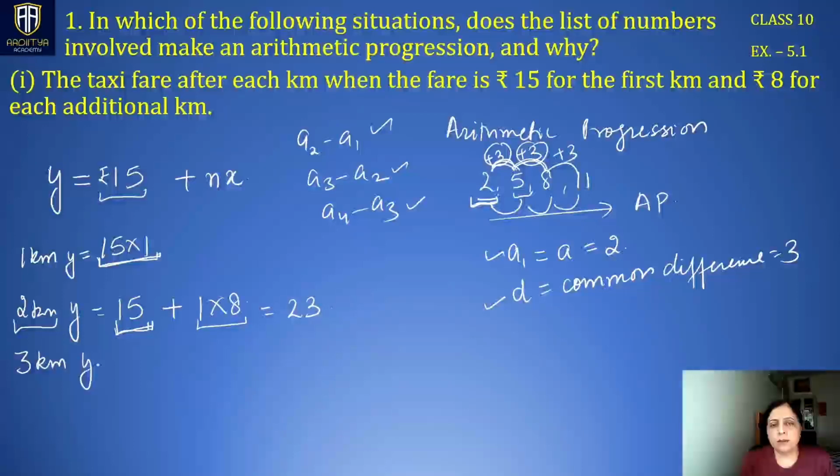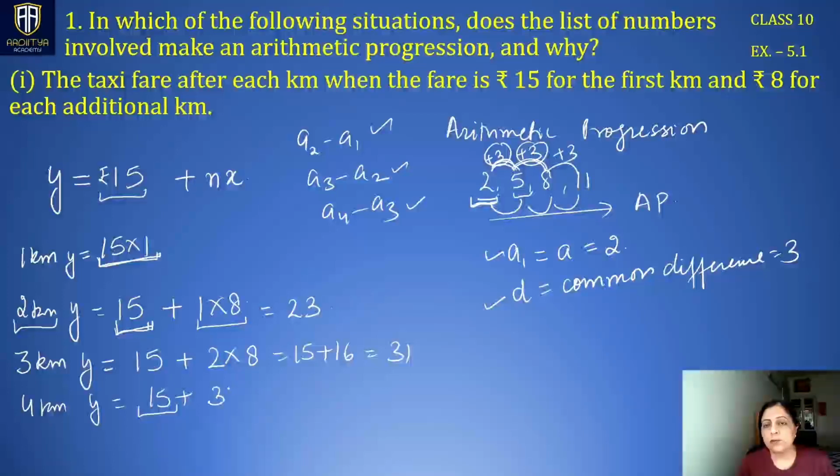For 3 kilometers, cost becomes 15 for the first kilometer, and for the other 2 kilometers, it is 2 times 8. So 15 plus 16 is 31. One more, for 4 kilometers, it is 15, and 1 kilometer is covered here, so we have to multiply 8 by 3.